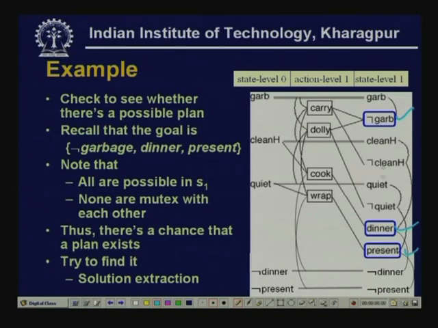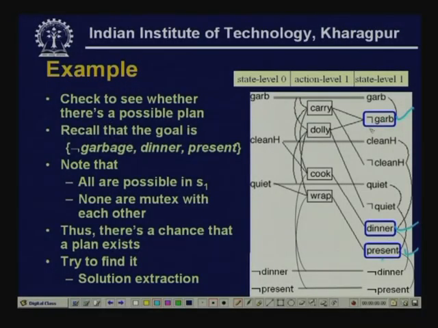We see all these 3 propositions are present in the goal, and we want to see if a plan exists. Not garbage, dinner, present, all are present in state level 1, they are not mutex with each other.